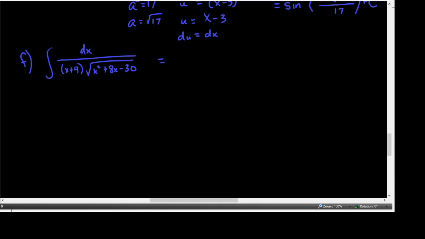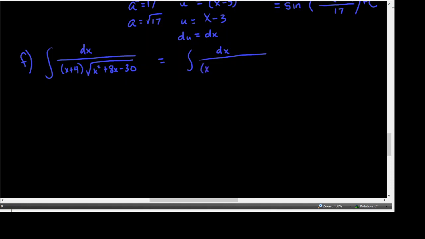So I'm thinking that reminds me of number 20. So that means I'm going to need to complete the square so that the thing under the radical becomes u squared minus a squared, if that works.